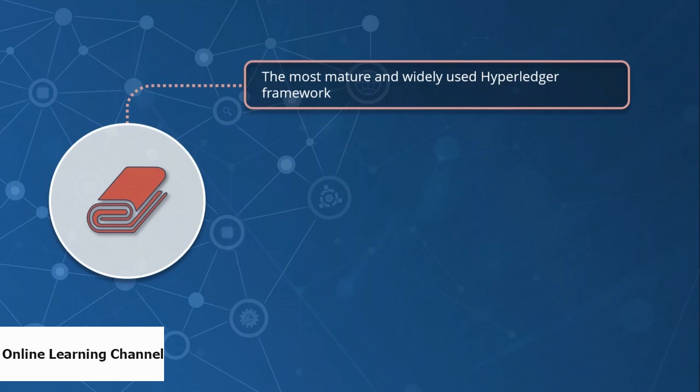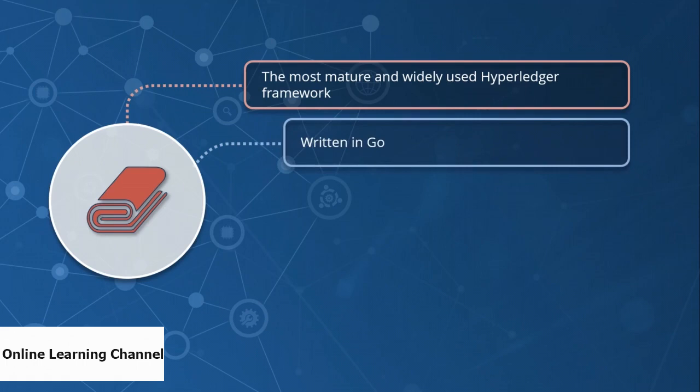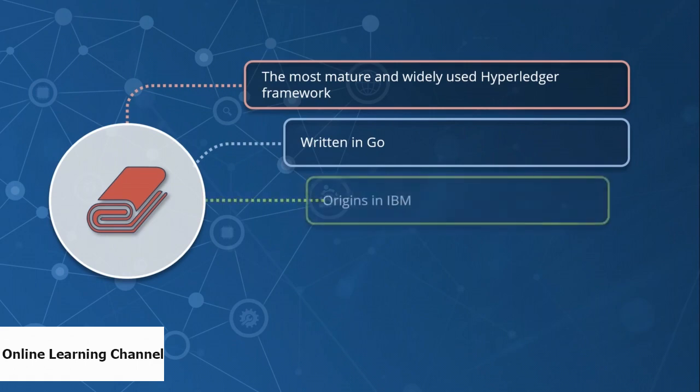Fabric has been implemented in the Go programming language, which is why it also supports smart contracts which are written in Golang. The origins of Hyperledger Fabric are in IBM, who provided the initial code for this network. However, it has been built upon considerably following that.